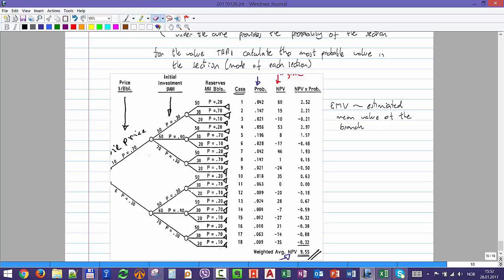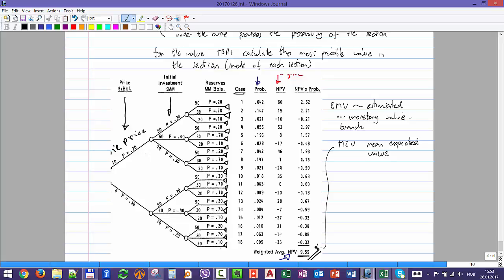I confused it. Or we can also say the MEV, mean expected value. So this is the MEV, mean expected value of the branch.